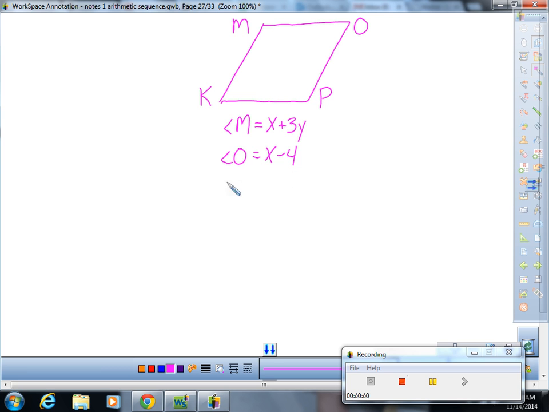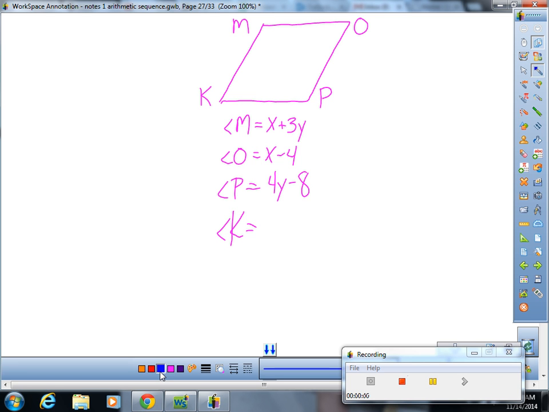And angle P is 4y minus 8. And what does it want us to find? Angle K. This is a classic test question. It's testing whether or not you know the properties of parallelograms, and whether or not you can do algebra. It's a perfect question for this class.